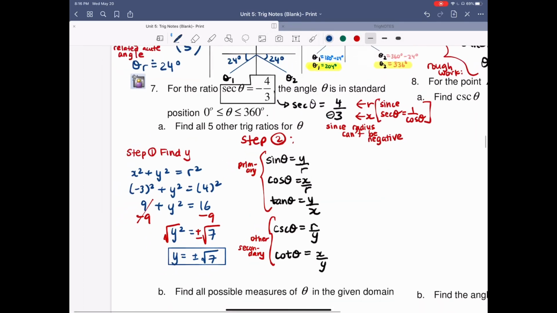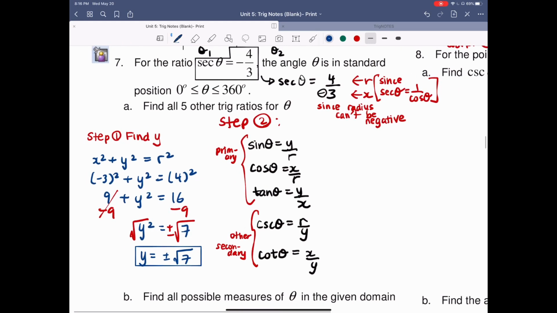At this point, I'm just plugging in all my values. So my y value is equal to plus minus square root of 7. My radius value is equal to 4 from above. My cos theta is equal to -3 for x, and radius is 4. Tan theta is equal to plus minus square root of 7 divided by -3, which simplifies to plus minus square root of 7 over 3.